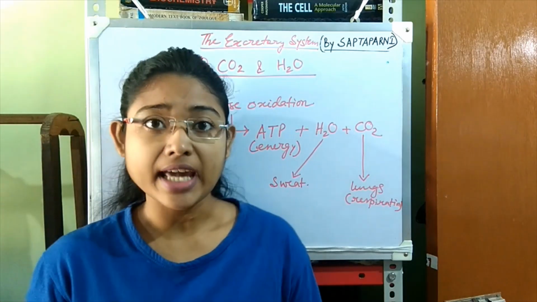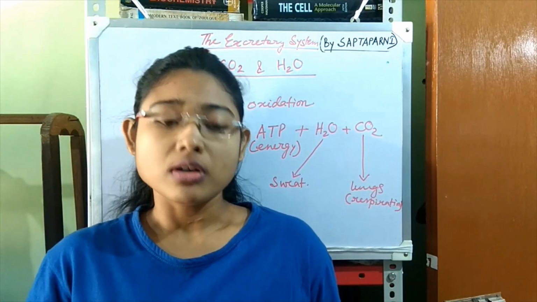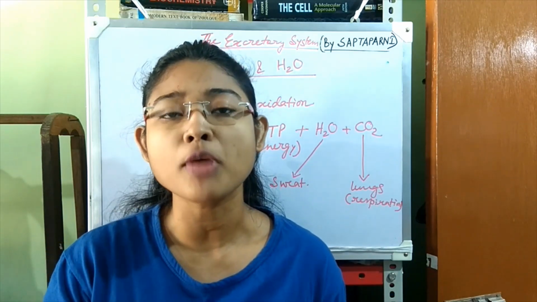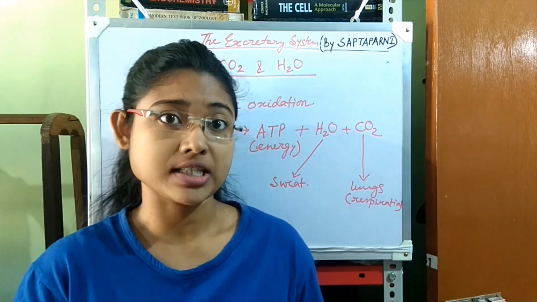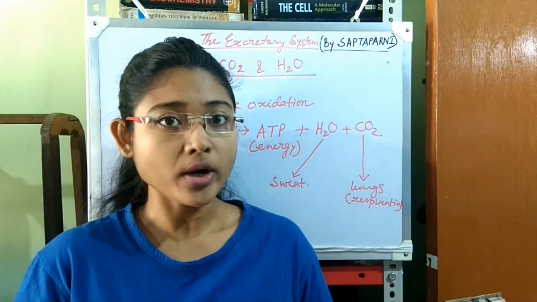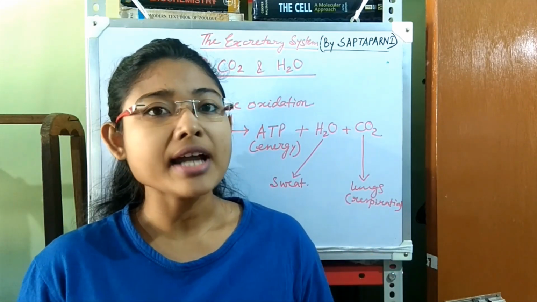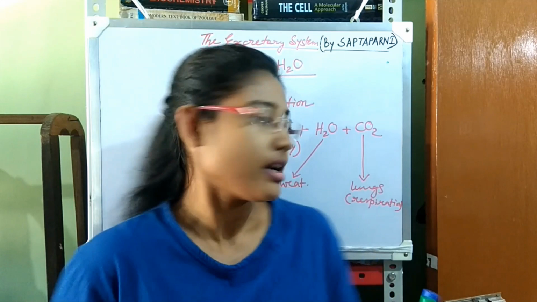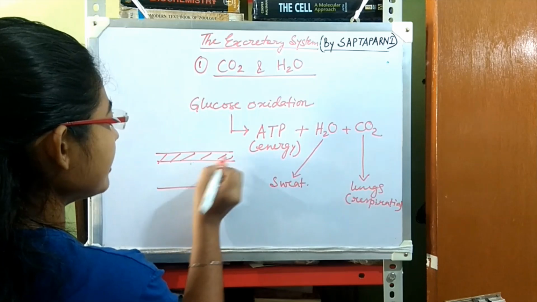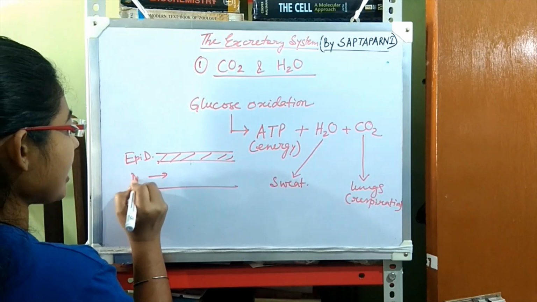See, sweating and excretion are completely different, because excretion means when we remove something from our body which is harmful for us. But during sweating, we sweat out. Why? To cool our body. Okay. So it is not harmful for our body. Sweat glands are present in our skin. Our skin has two layers. The outer layer is known as the epidermis, and the inner layer is known as the dermis.